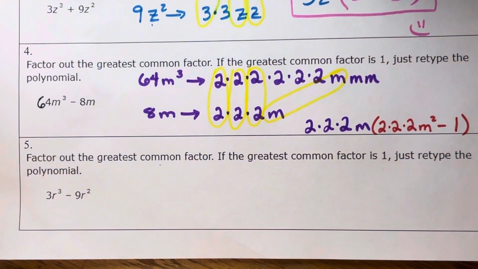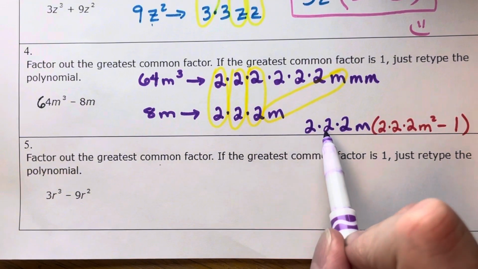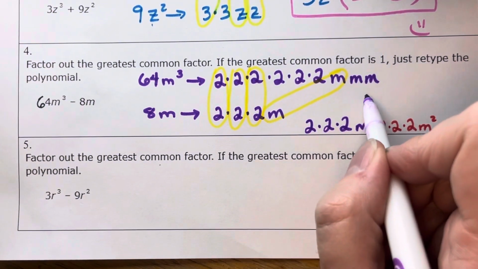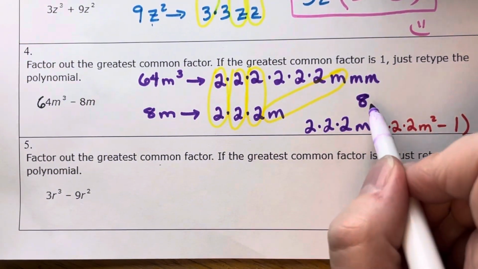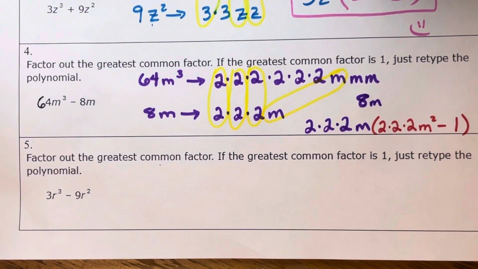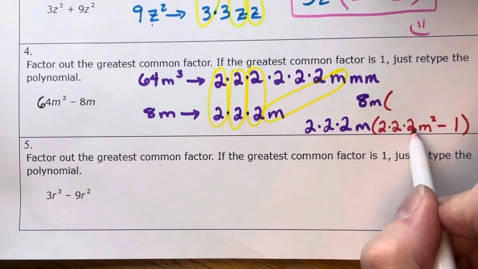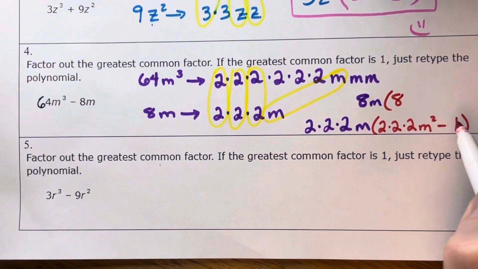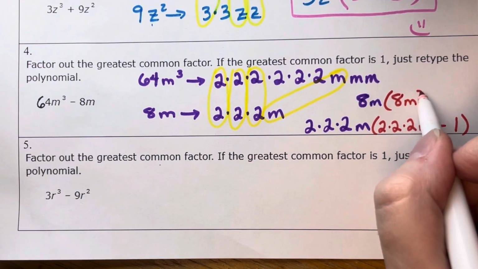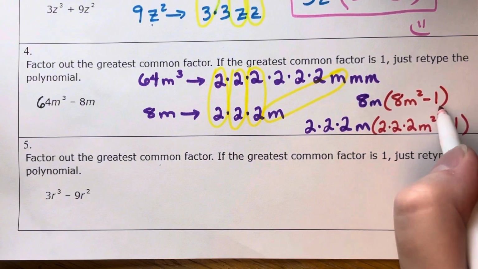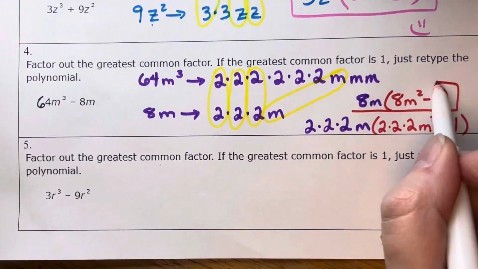Let's clean this up. Time for our final answer. 2 times 2 times 2. Well, that's 8. And an m right there beside it. Open your set of parentheses. 2 times 2 times 2 is another 8 with an m squared minus 1. Close your parentheses.